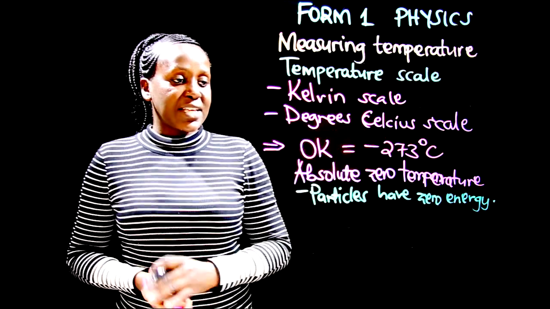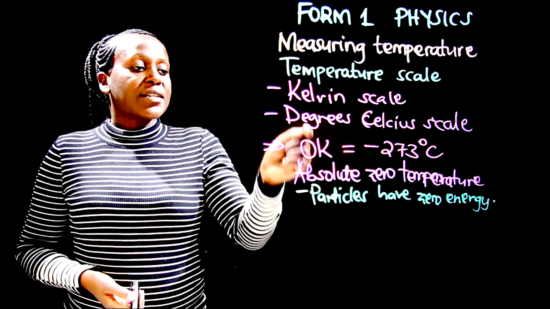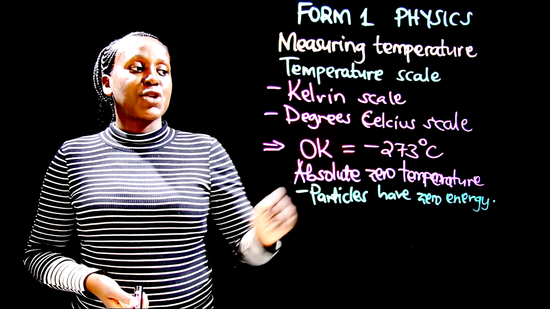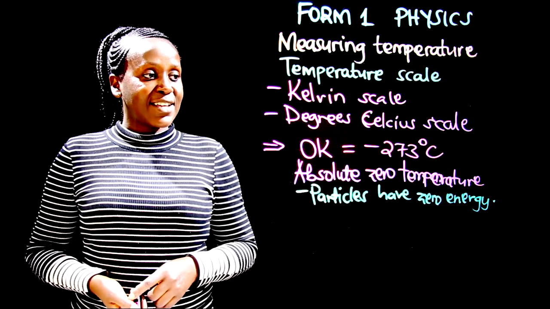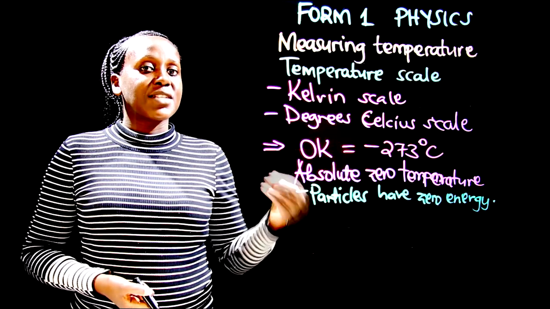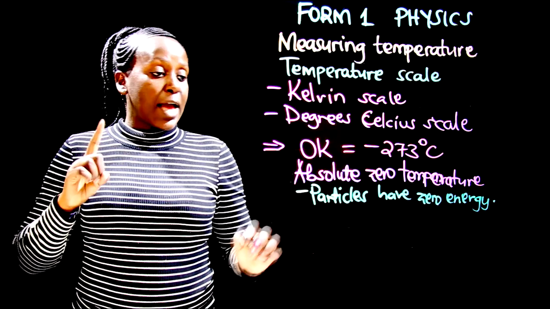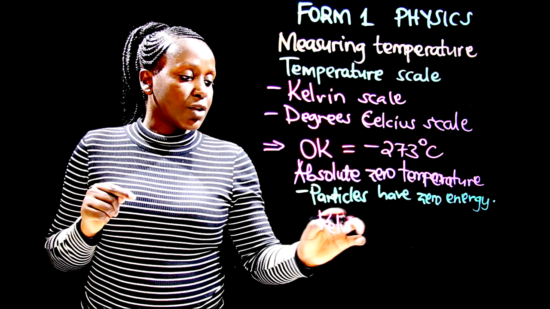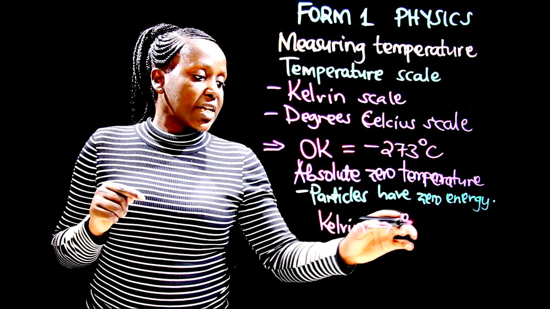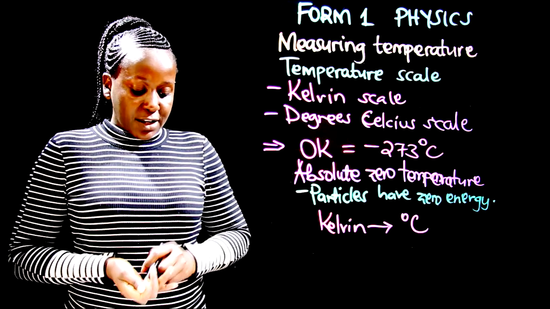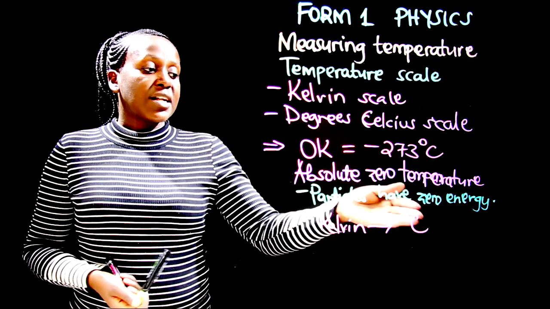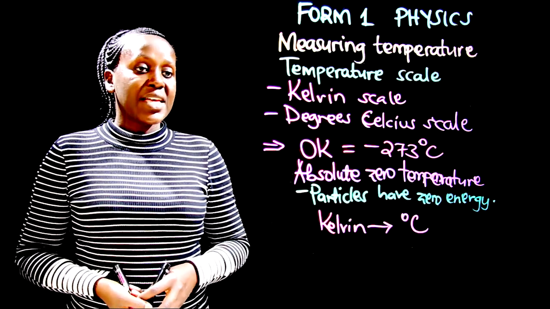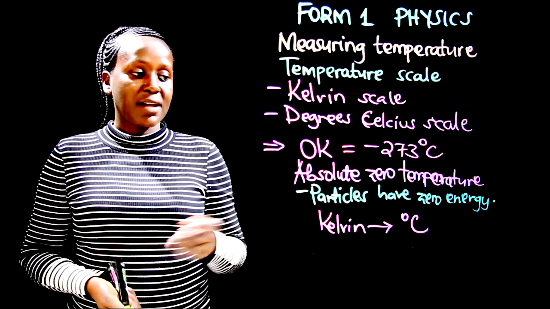If you want 1 Kelvin, then you add 1 here, right? So that you have negative 272. So anytime you are converting from Kelvin to degrees Celsius, you notice that degrees Celsius is lower than Kelvin.